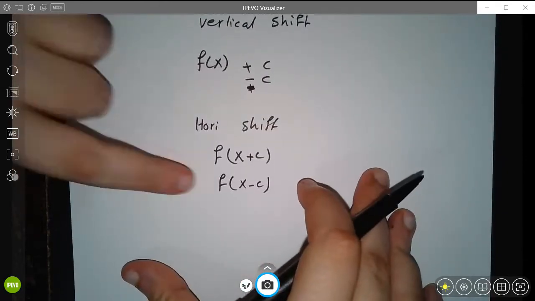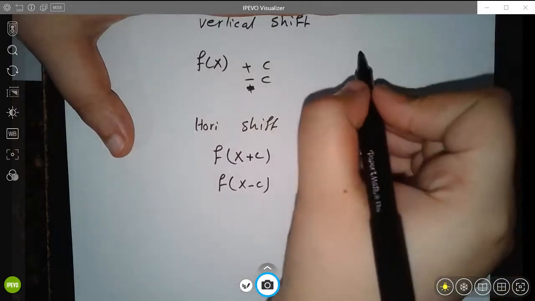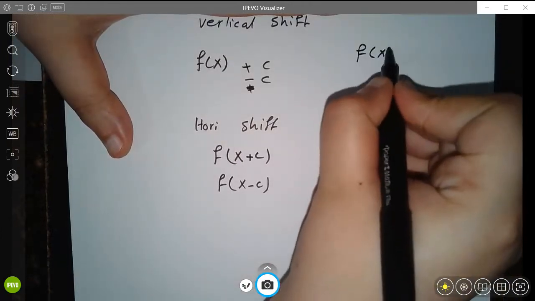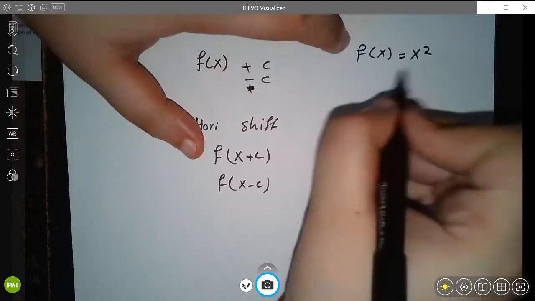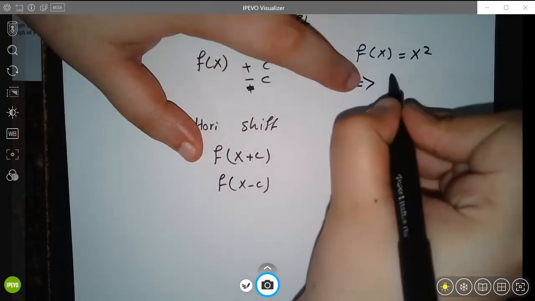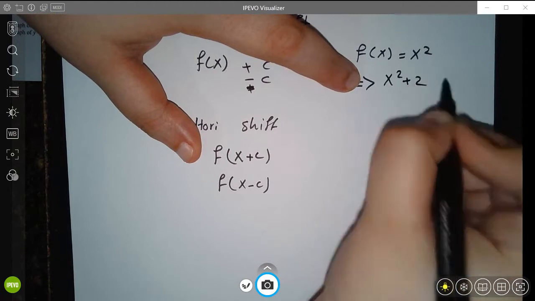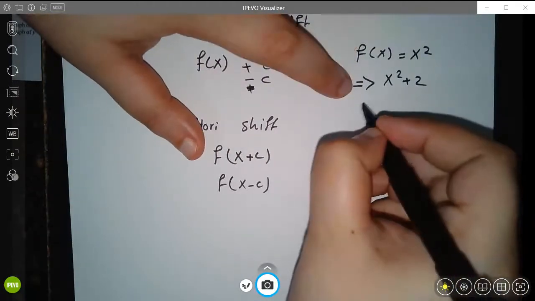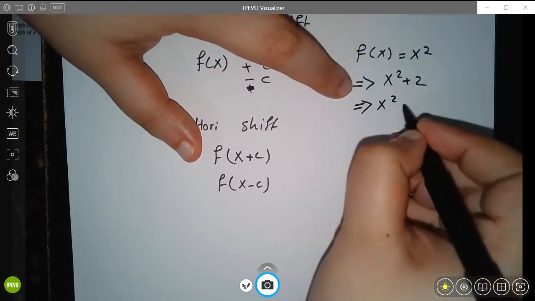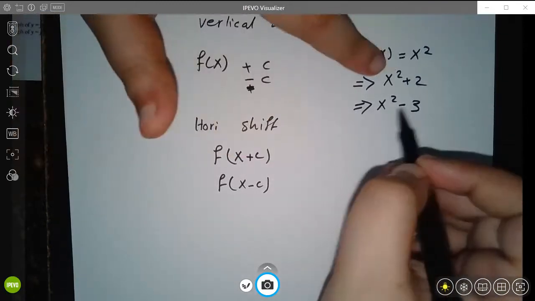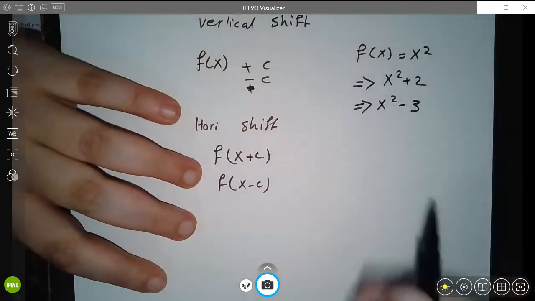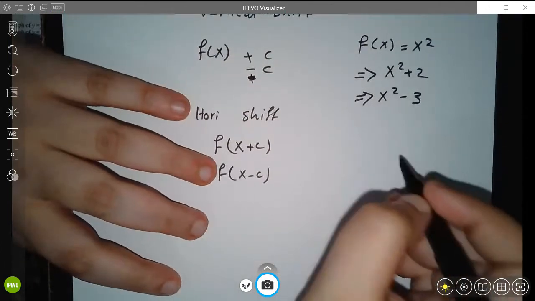Yeah. So what's the difference between this one and that one? If your original function was x squared, for example, so here it would look like this: x squared plus 2, or x squared minus 3, which are the examples that I showed you, right? So I'm adding and subtracting outside the function. Inside the function, it would look like this.